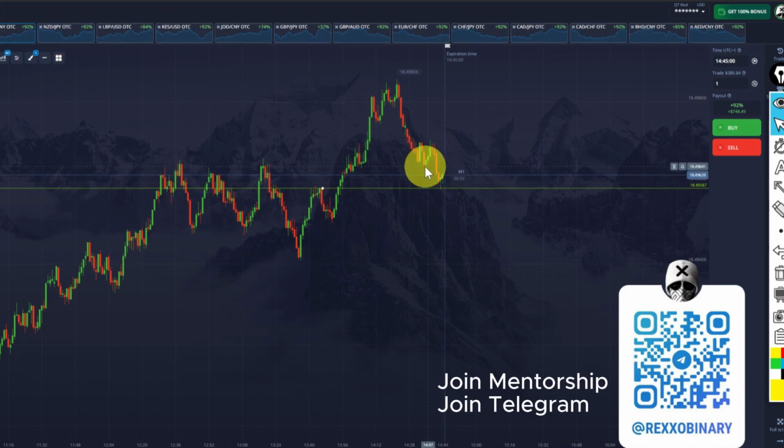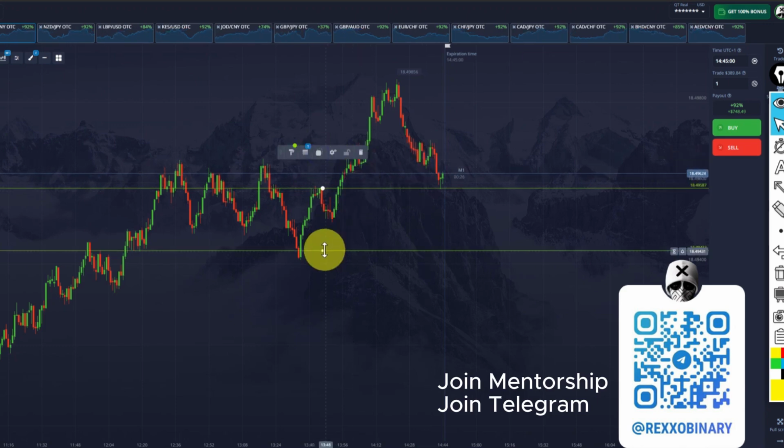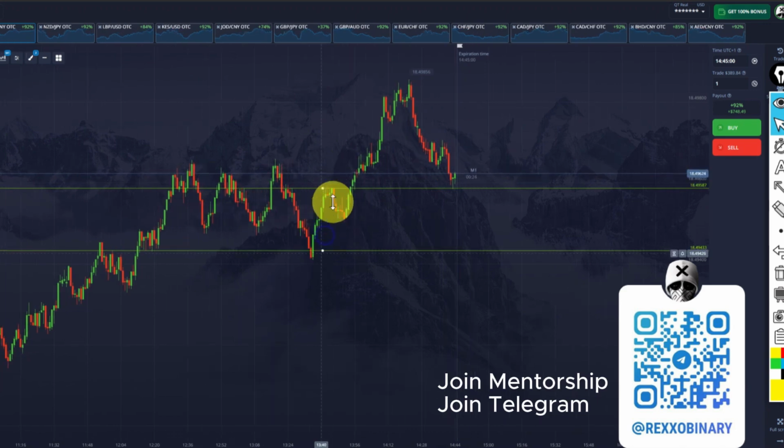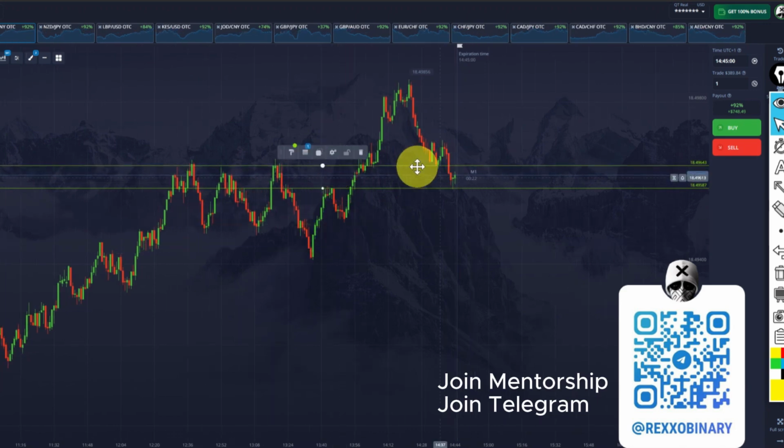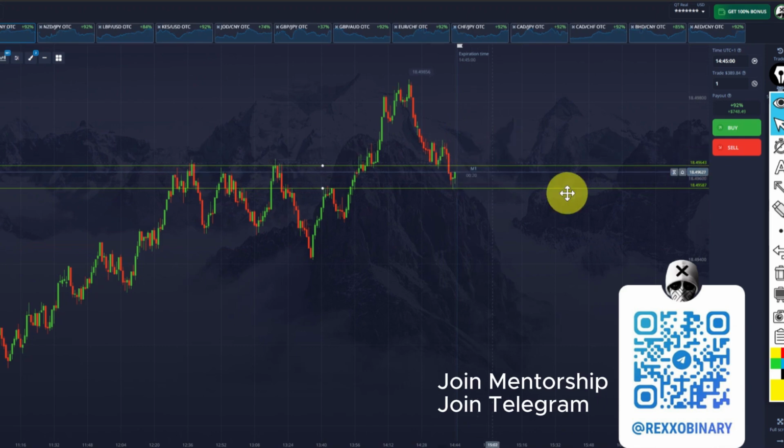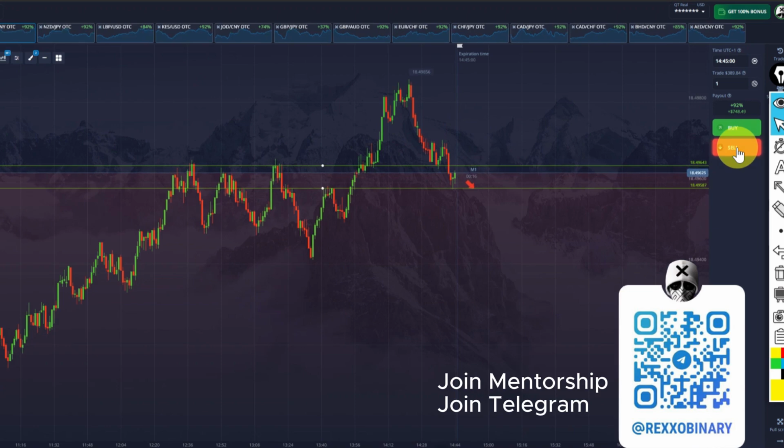All right, you can see it's trying to get to here. If it gets to this level, this will be a very good selling point, but I will not sell. This is another support here, but I will not sell. Let's just see if it gets there.